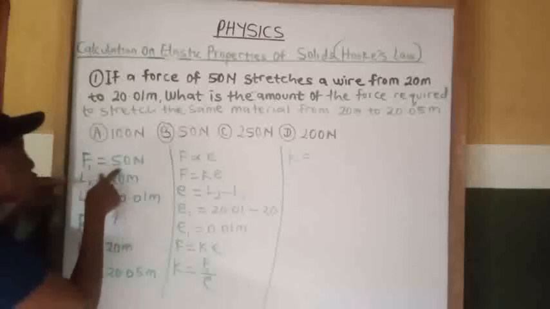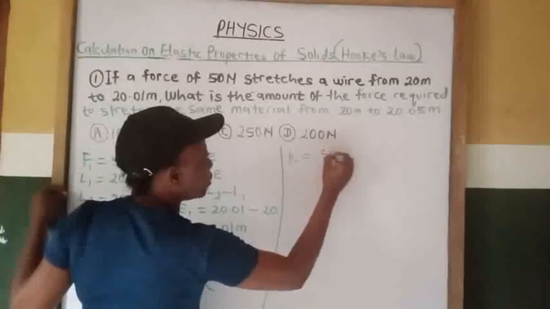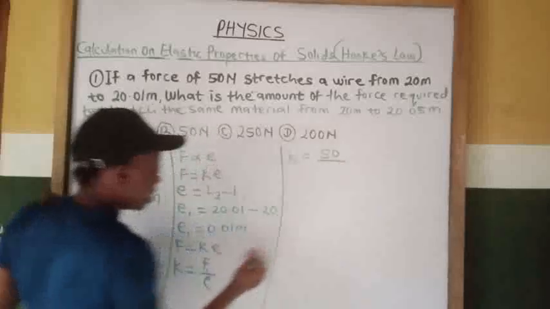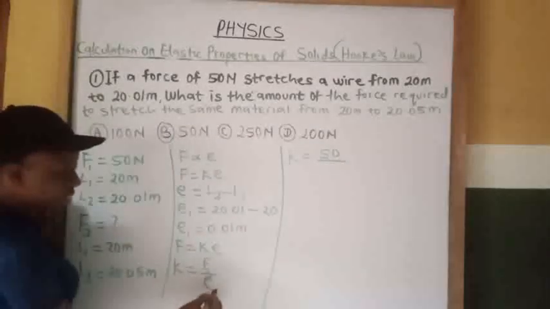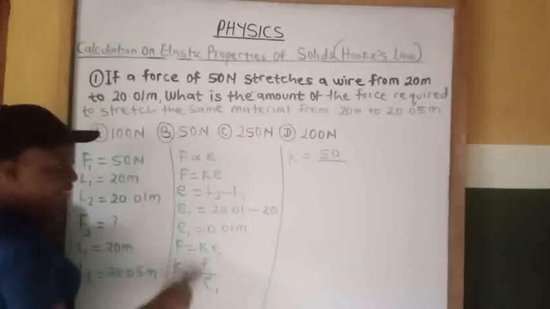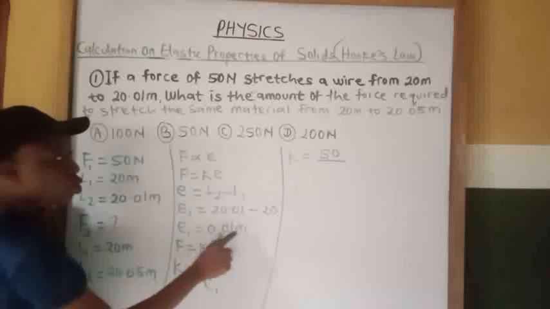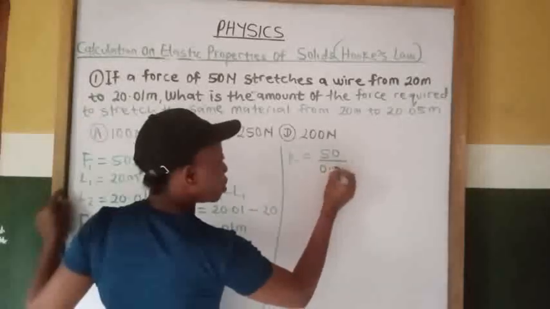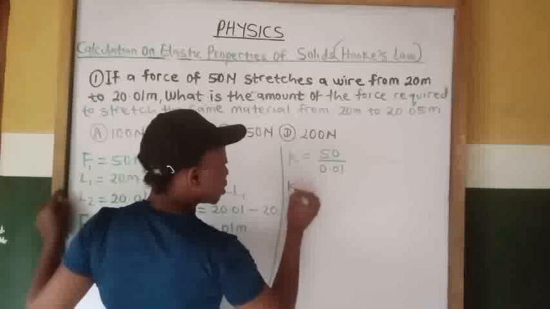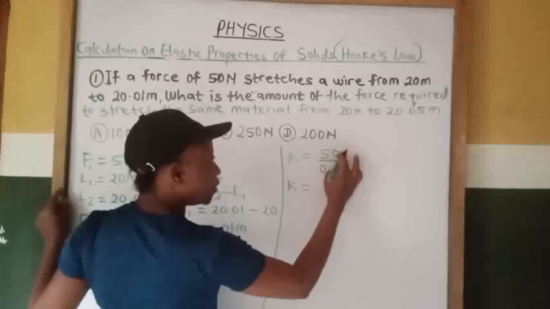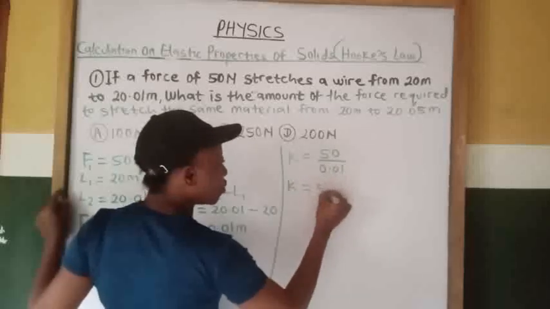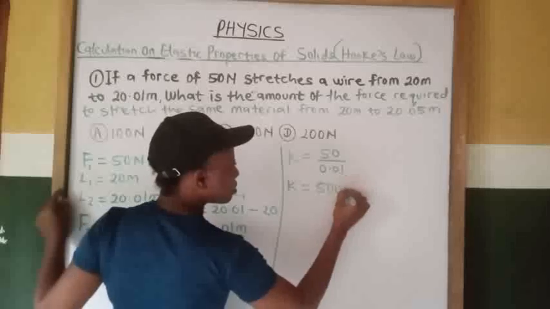Our F1 equal to 50. So that will be 50 divided by extension E1, that is 0.01. So our constant K will be equal to 50 divided by 0.01, which will give us 500.